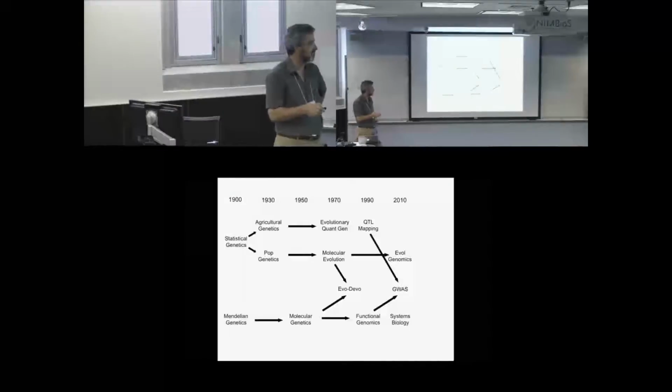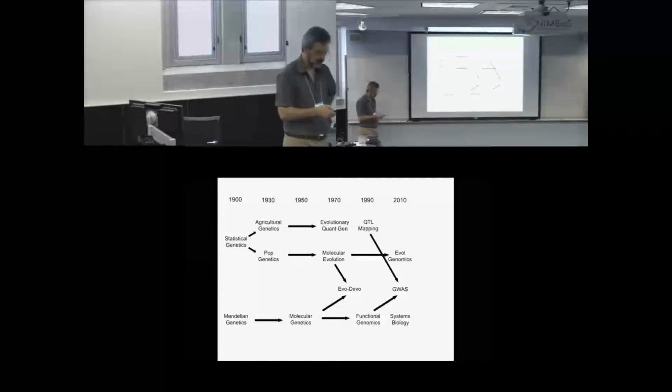Population genetics has continued on this molecular evolution thread into modern genomic analyses. And then QTL mapping hasn't worked out as people hoped, and so has now progressed on to GWAS, genome-wide association studies, which we'll talk about, which now has elements of other genomic components.